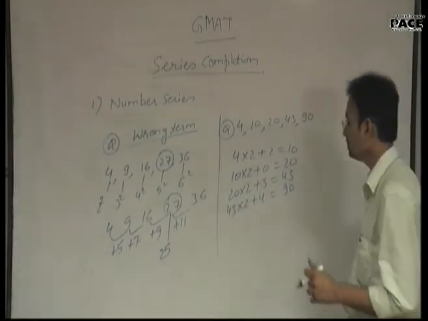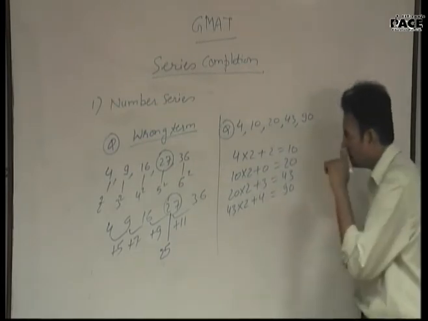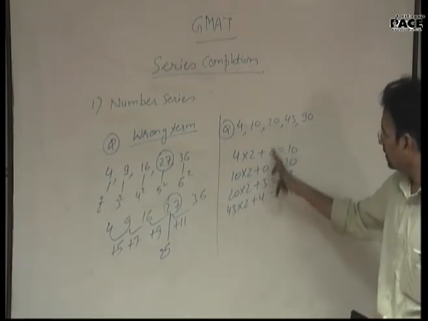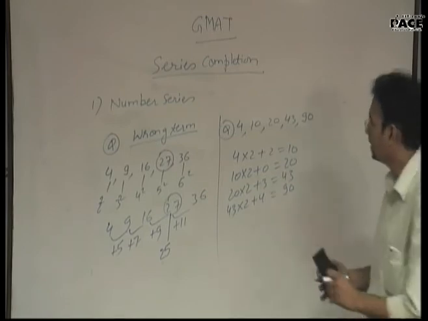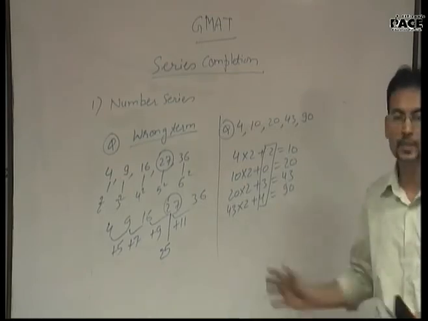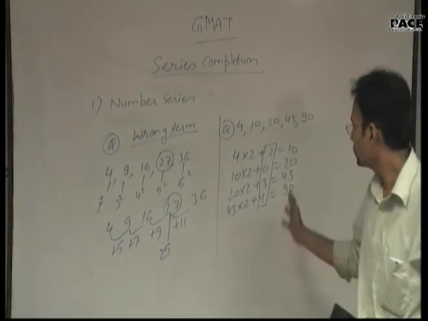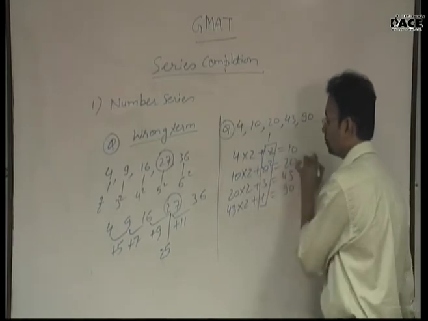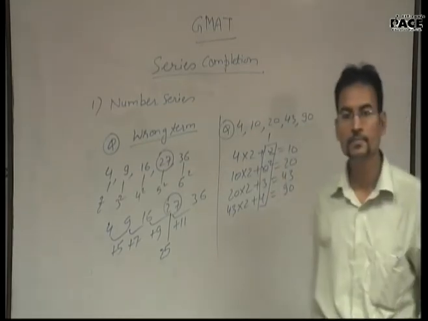Here we can see that we are multiplying by 2, that is constant, but we cannot find anything else; we find some discrepancy here. So what should we do? Can we make it 1, 2, 3, 4?